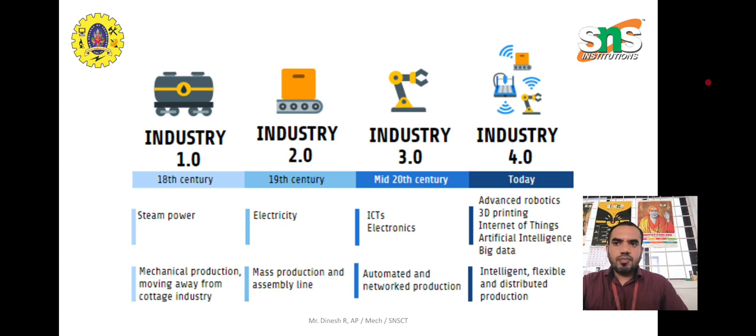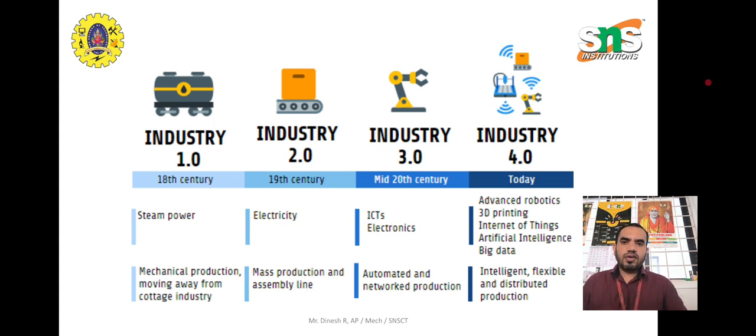Then we moved into industry 2.0, in the 19th century, where electricity was used and mass production and assembly lines were created. The third generation is industry 3.0, in the mid 20th century, where ICTs and electronics, or simply automated and networked production, were implemented.